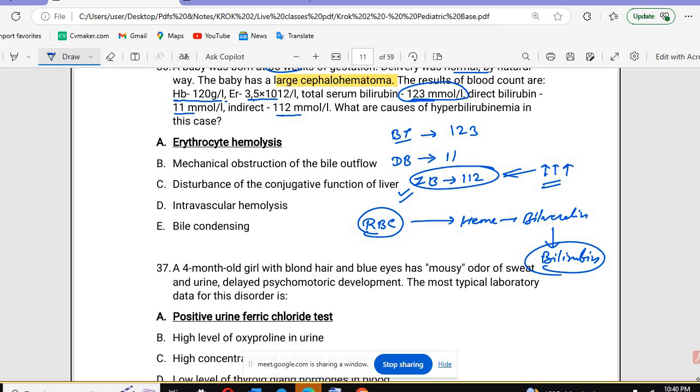The indirect bilirubin is also called non-conjugated bilirubin. For conjugation, it goes to the liver, where we have the enzyme UDPGT, uridyl phosphate gluconyl transferase.